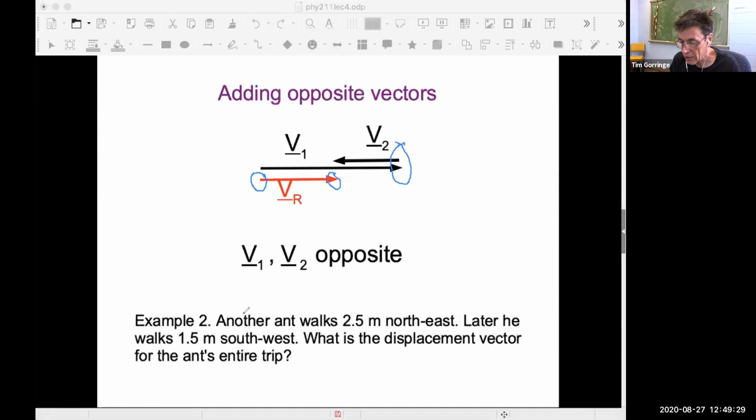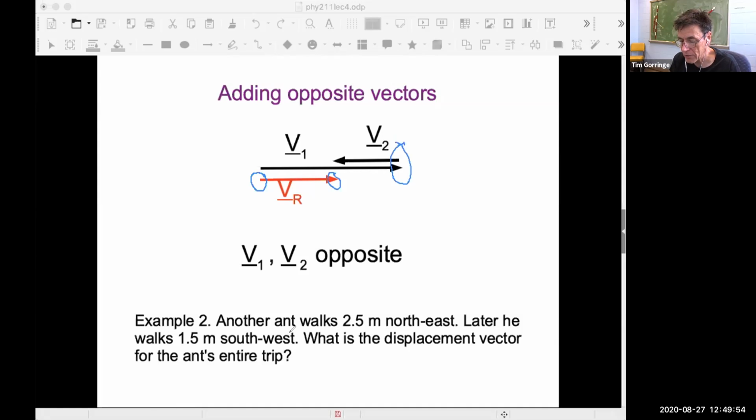And let's look at an example of calculating the addition of two opposite vectors. So in this little example, the ants have come back. It's a different ant because this one's a he and the other one was a she. Another ant walks 2.5 meters northeast, then walks 1.5 meters southwest.